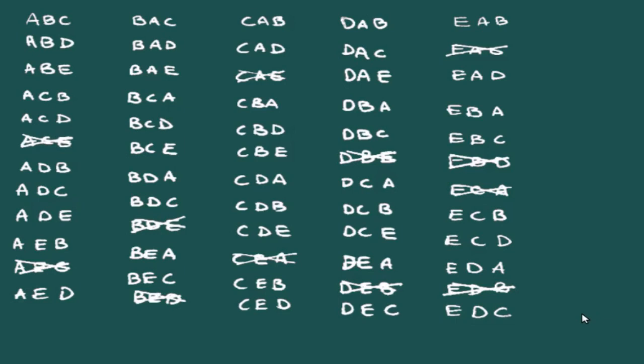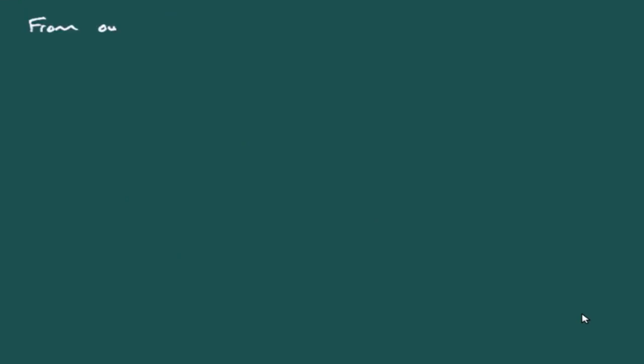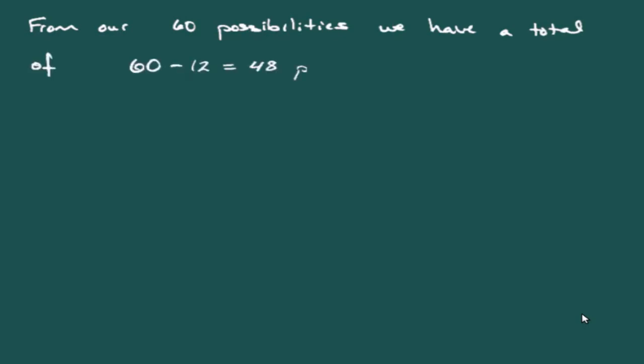So from our 60 possibilities, we were able to get rid of 12 of them, giving us a total of 48 possibilities for triangles.